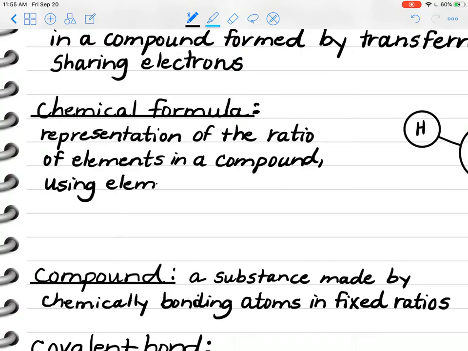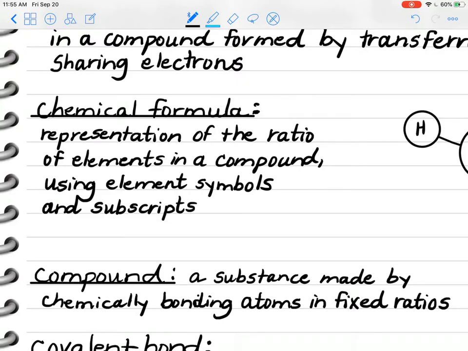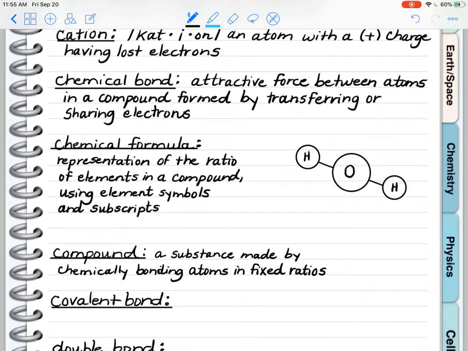Remember when we looked at the periodic table, every one of them has a symbol. So we use those symbols and subscripts. I'm going to show you what a subscript is. Let's just get the definition down and then we'll talk about it. You can pause your video if you need to catch up. I know I've got a lot going on here.